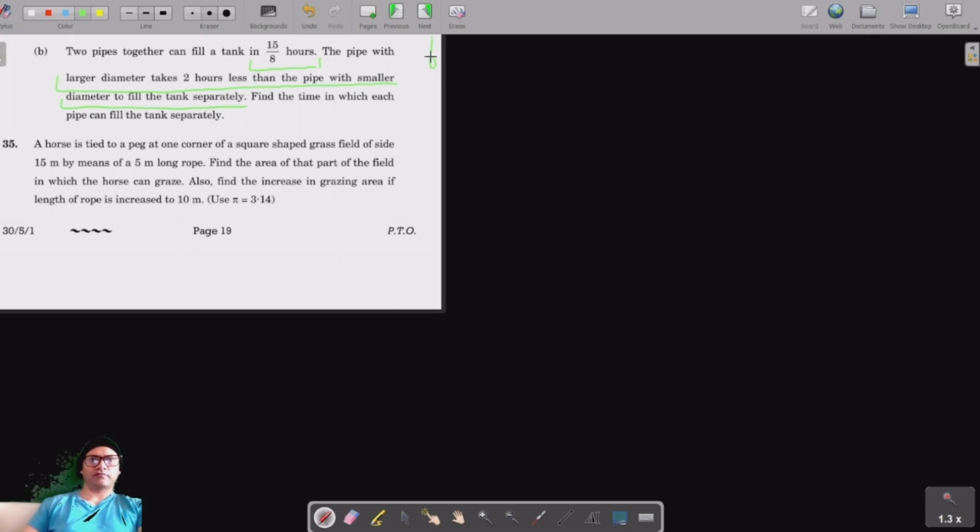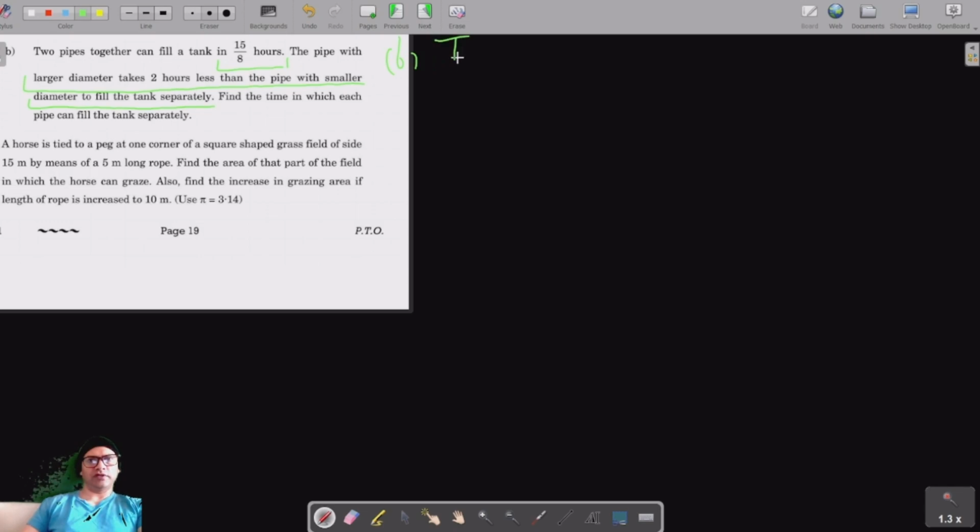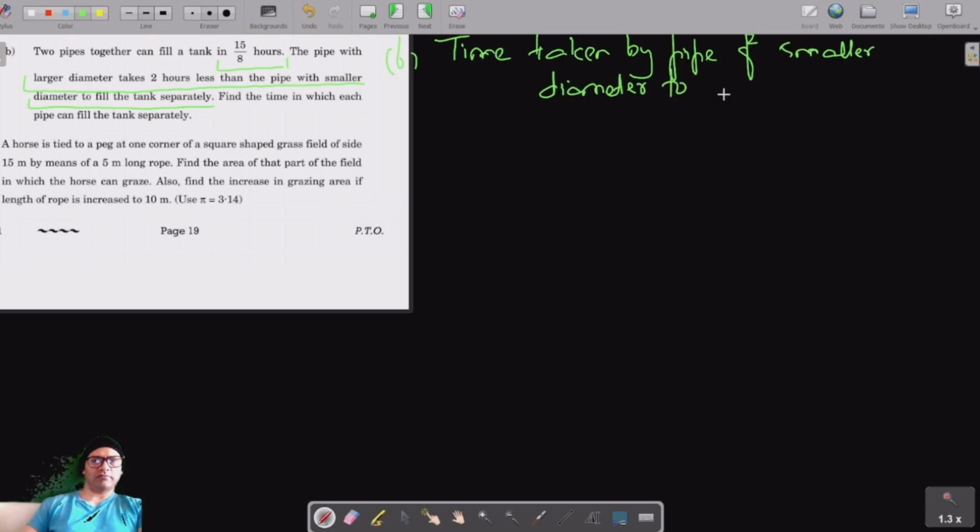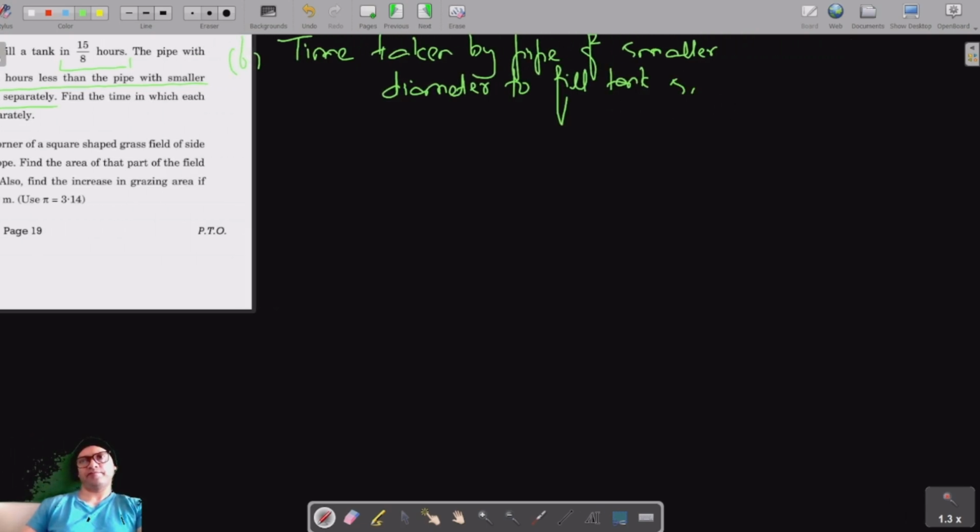So let's say the time taken by the pipe of smaller diameter to fill the tank separately will be x hours.